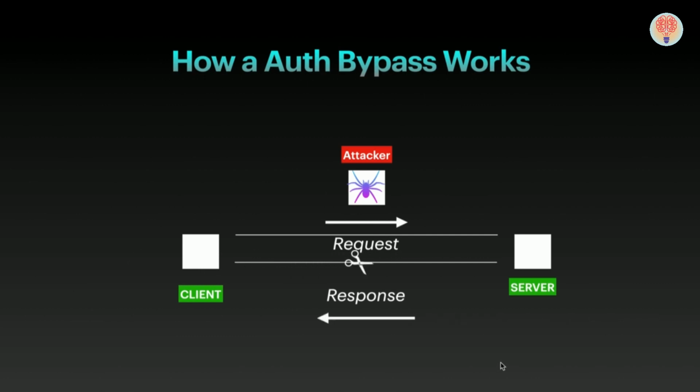And when the client, let's say instead of the client, the attacker, is able to modify the response, then there becomes an authentication bypass if the application is just checking the client side code instead of checking the server side code.